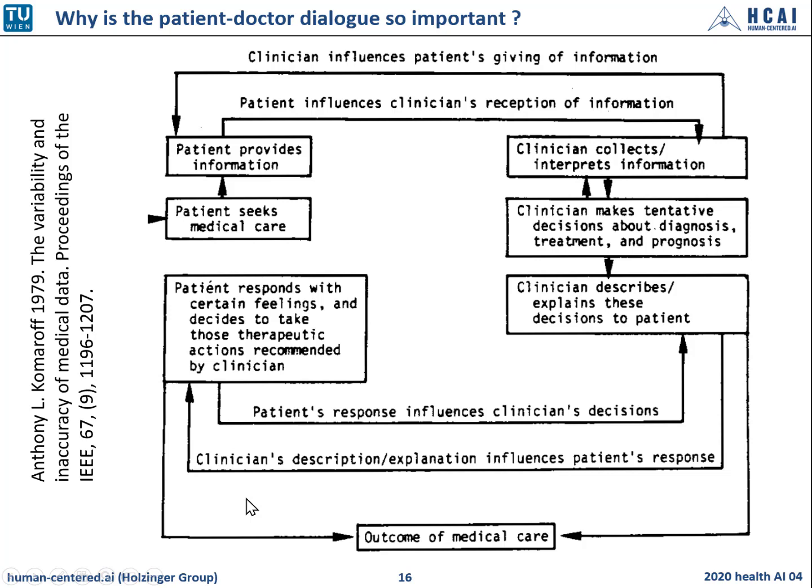The types of medical data differentiated by Komarov include expressed data, so verbally expressed objectives, past medical history, current illness description, statements, and so on, and of course verbally expressed subjectives, so feelings, assumptions, and so on.